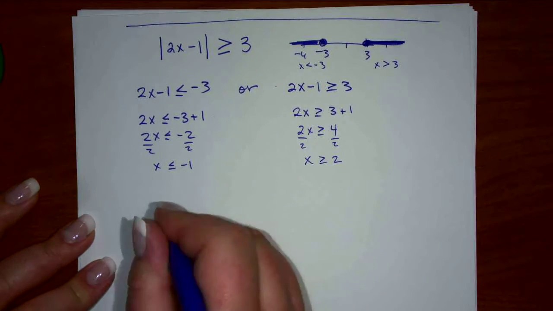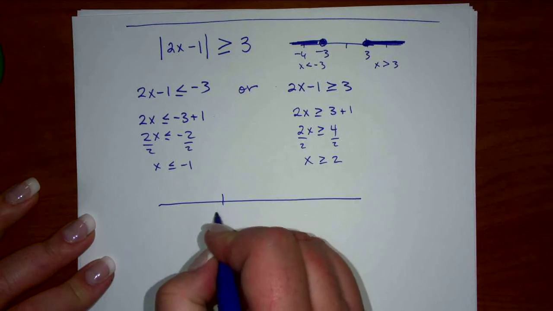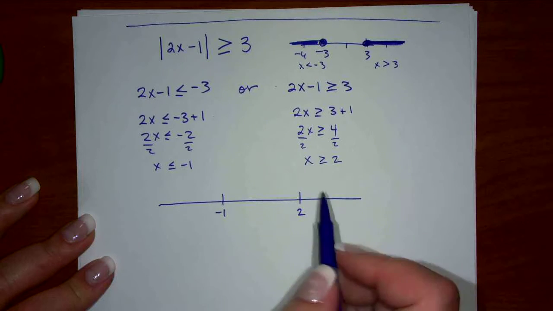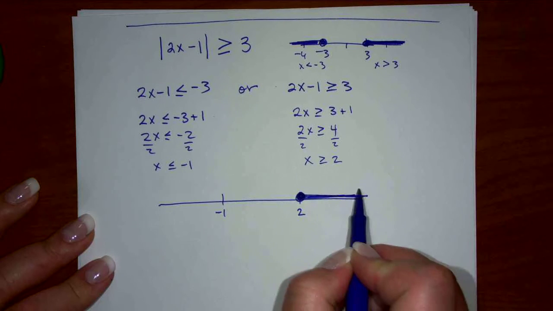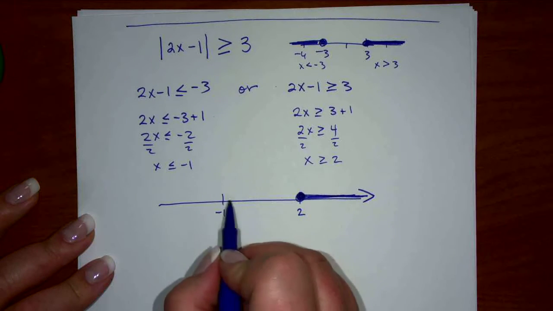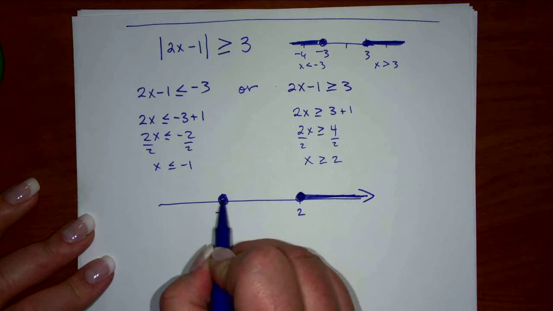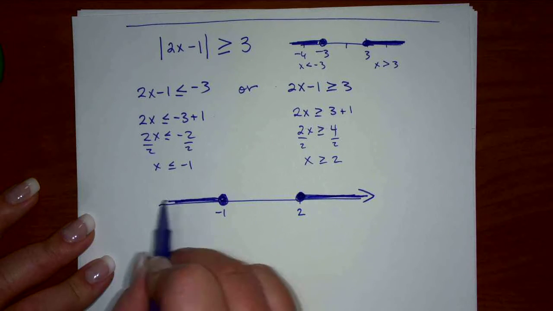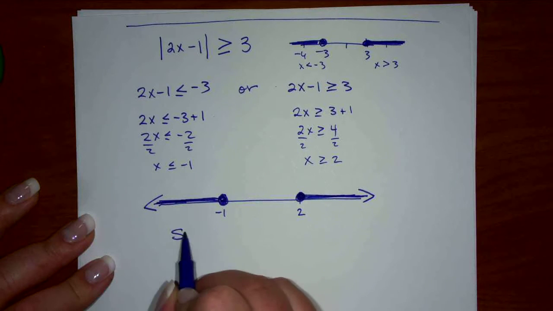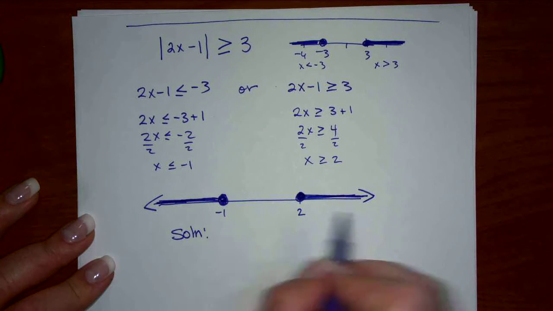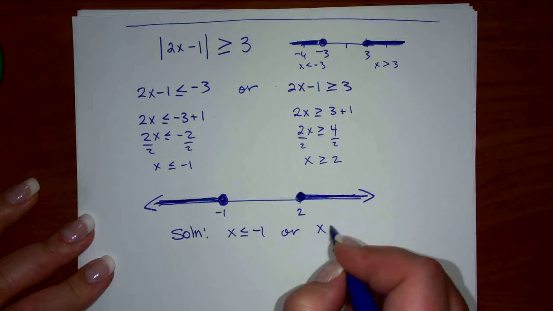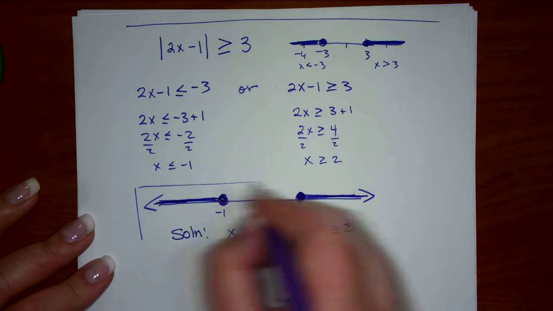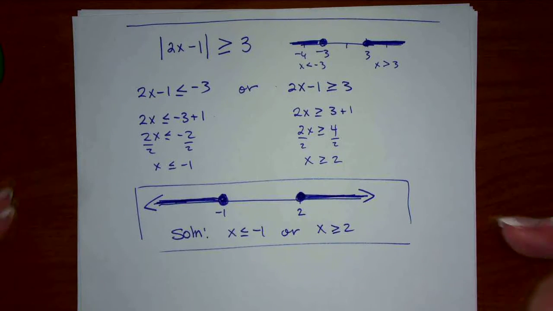Okay, so we put them on a number line. So greater than or equal to 2, so color it in. Less than or equal to -1. And when they're two separate, you have to list them separate, with or, because they don't overlap.